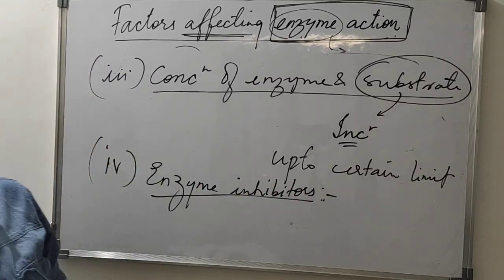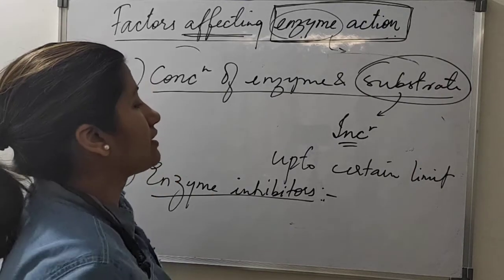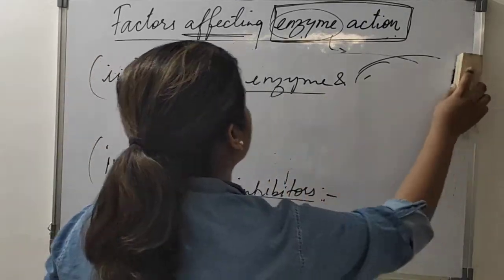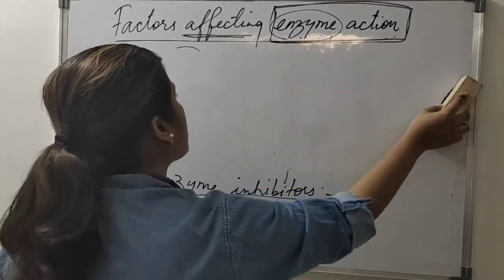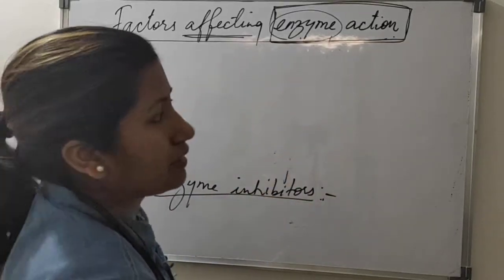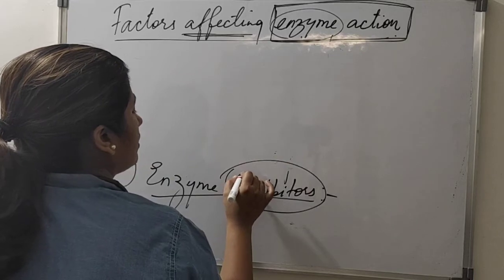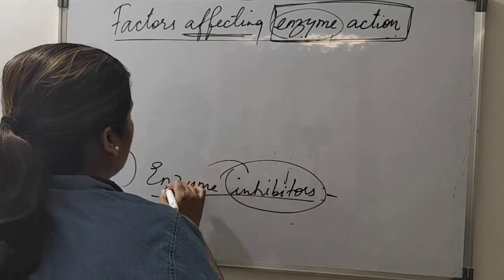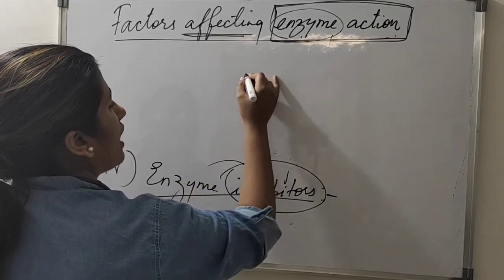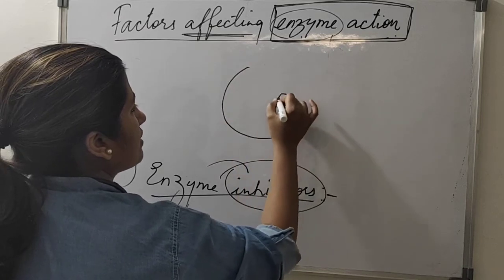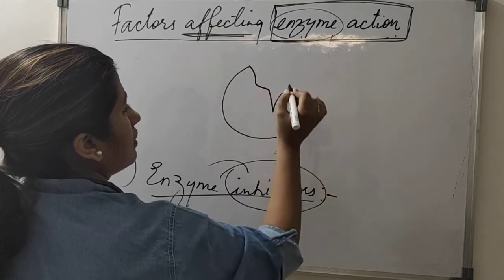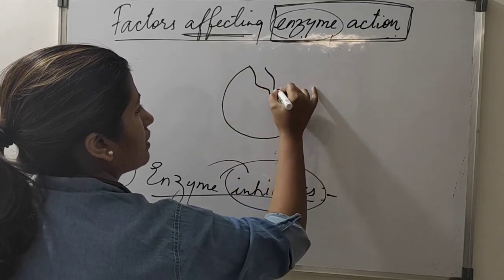Now, inhibitors are those that inhibit the enzyme's activity. Inhibit means to stop, to prohibit. It inhibits the enzyme's action. How? As we have seen previously, the enzyme has an active site, upon which the substrate is attached.